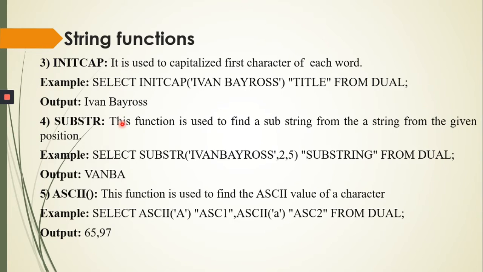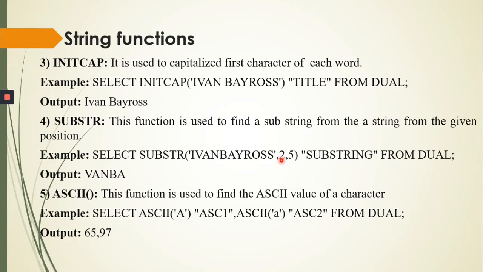Next is the substring. This function is used to find the substring from the string from the given position. Substring means string within string. So we have to find the substring from the given string, and for that we have to give the position here. So see the example. Select substring. We have to write any string in single quotes. After that we have to give the position. So here we are writing 2, which means it calculates from the second position.